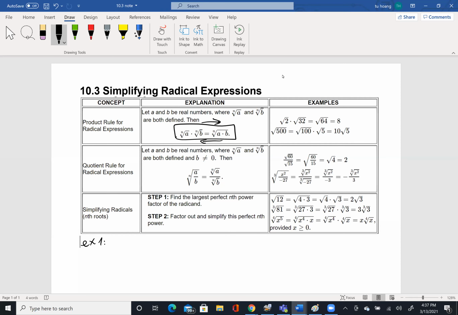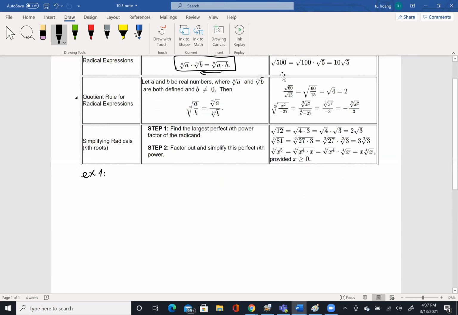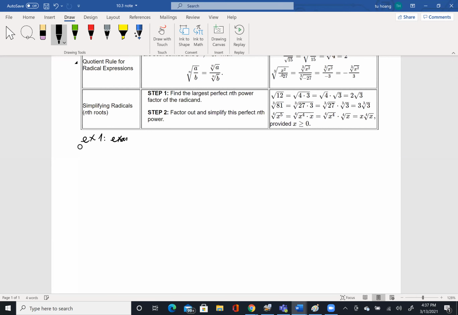Multiplying radical expressions. Let's say a square root of 5 multiplied by square root of 20. Okay, so you can see that in here you have two square roots, right?